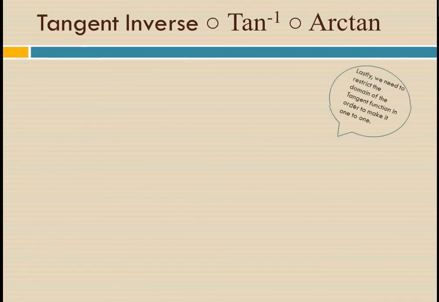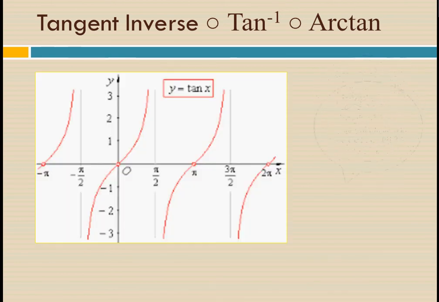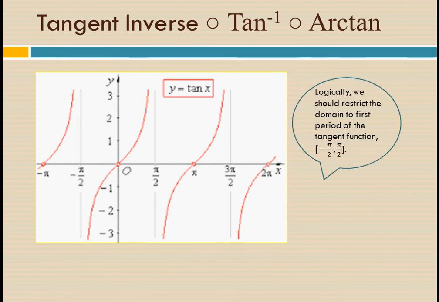Lastly, we're going to look at tangent. Same idea, we need to restrict the domain of the tangent function. Tangent function's really easy. We just look at that first period, okay? The first period of the tangent function is from negative pi over 2 to pi over 2. We restrict that, we capture all of the range values.